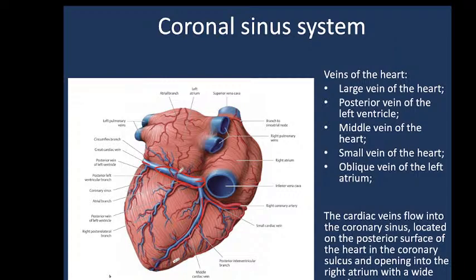In addition to the large, middle, and small cardiac veins, we see the oblique vein of the left atrium and posterior vein of the left ventricle.